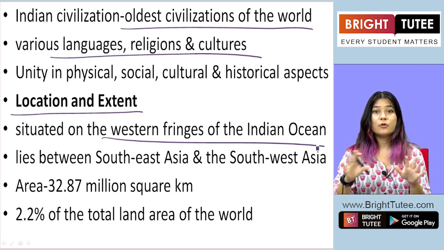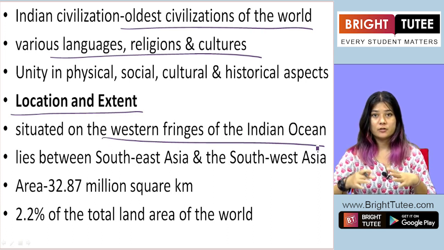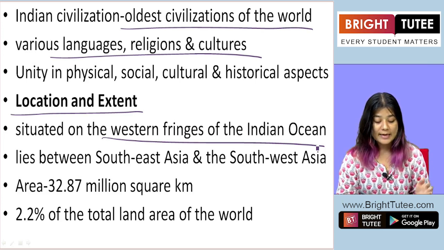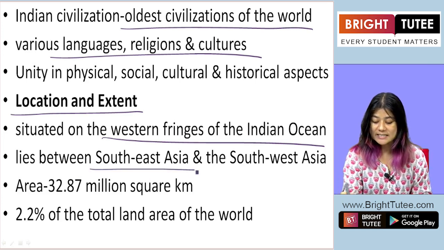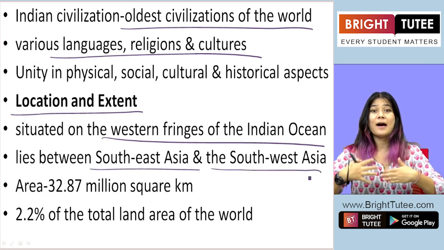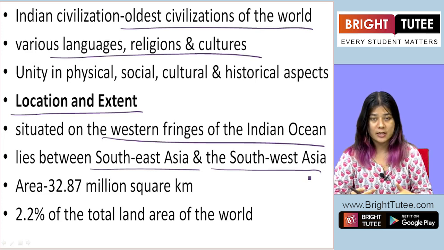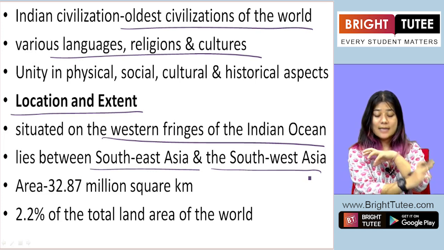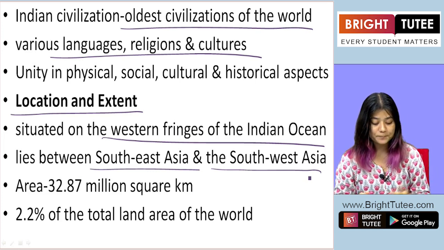So it's located on the western border of the Indian Ocean. It lies between Southeast Asia and Southwest Asia, in the southern part of the continent of Asia, right in the middle of them.